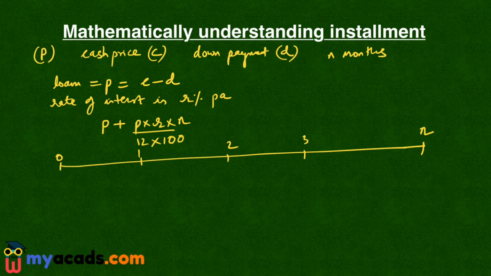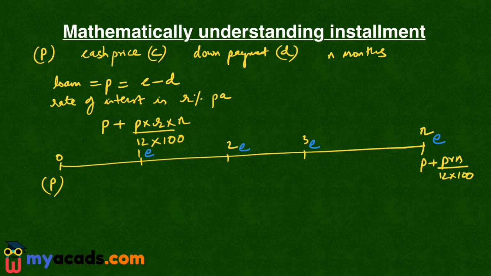So the person has taken loan amount P here and the person has to pay P plus PRN upon 12 into 100 here. Now the person has to pay E amount here, E amount after 2 months, E amount after 3 months and E amount after n months.